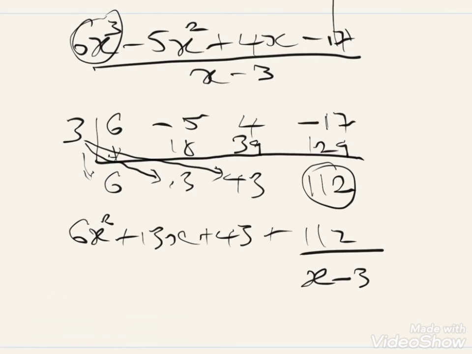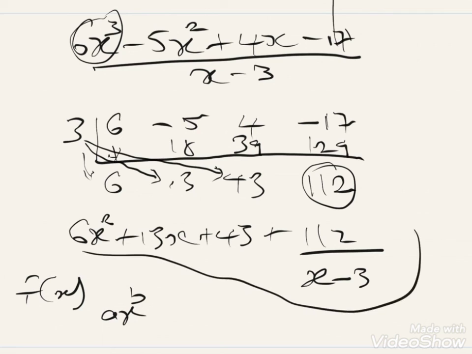So this is how we can do the synthetic division of any given polynomial. Note that if the highest term of f of x is, for instance, ax to the power b, after the synthetic division the quotient, that is the result of the division, will be a1 x to the power b minus 1.